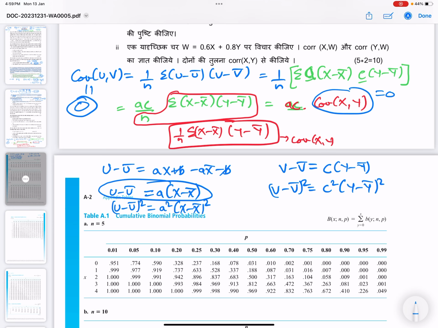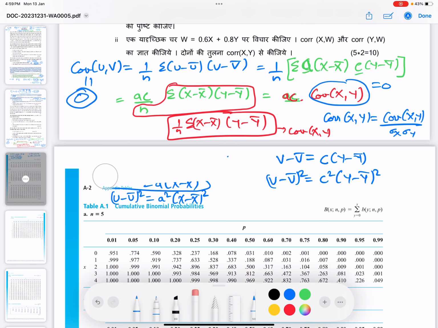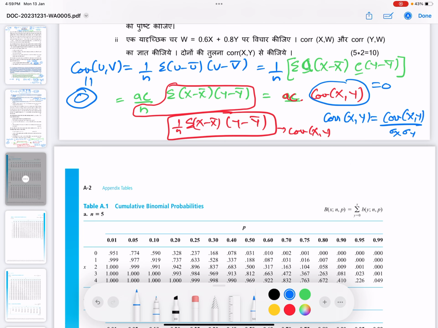Okay. Now we were supposed to find correlation uv. For correlation xy, the formula is covariance xy upon sigma x sigma y. Similarly, for correlation uv, it would become covariance uv upon sigma u sigma v.